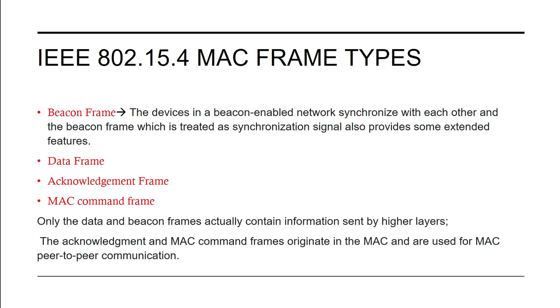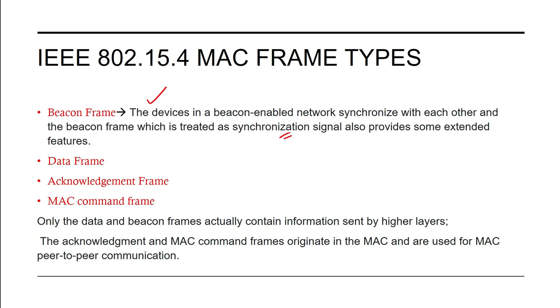Next comes the IEEE 802.15.4 MAC frame types. We have 4 types of MAC frames: beacon frame, data frame, acknowledgement frame, and MAC command frame. In the beacon frame, the devices will be synchronized in a beacon enabled network, and the beacon frame is treated as a synchronization signal, and sometimes it has some extended features.